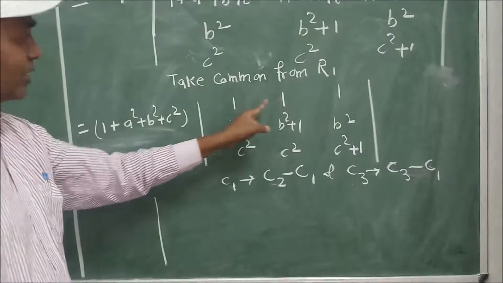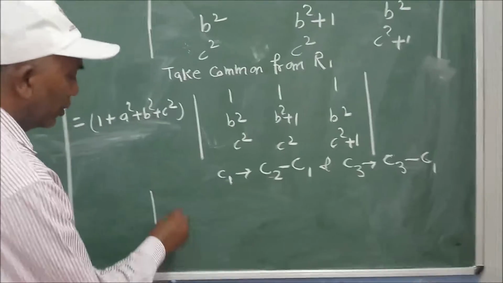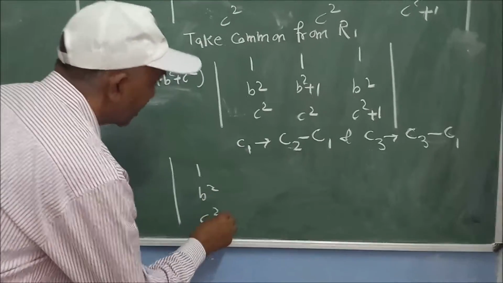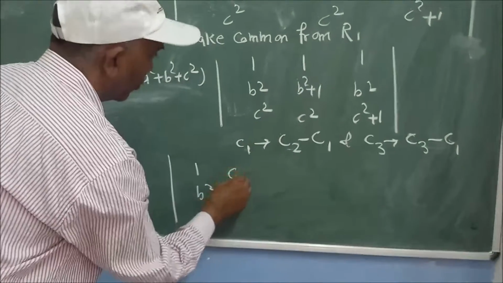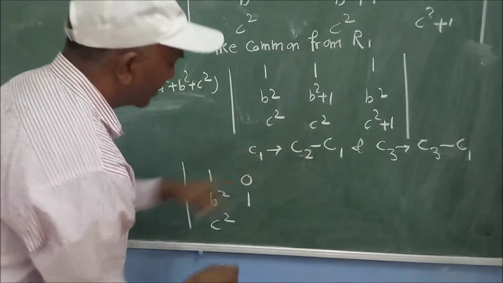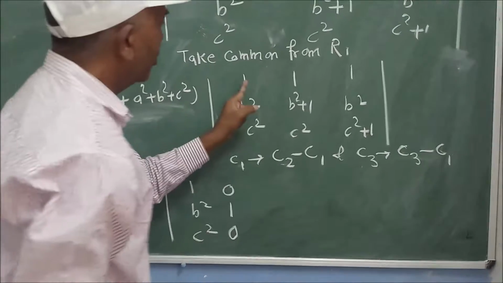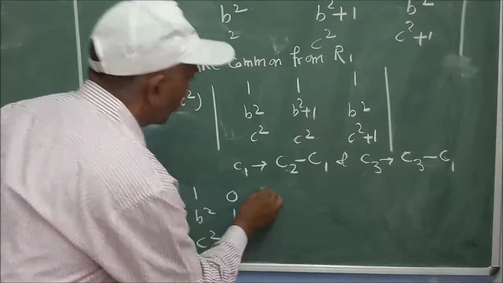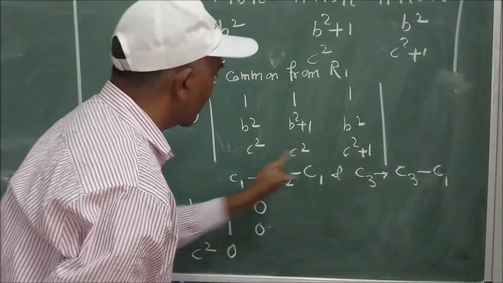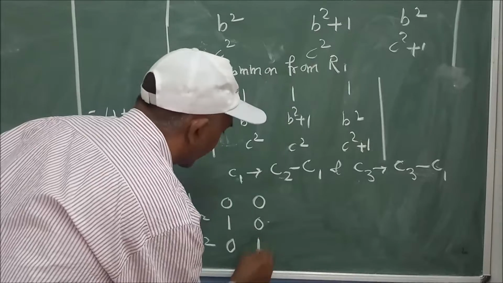That means you will subtract 1 minus 1, you will get 0. So first write your C1: 1, b square, c square. And here will be 1 minus 1, 0; b square plus 1 minus b square, you will get 1; c square minus c square, you will get 0; and 1 minus 1, you will get 0; b square minus b square, you will get again 0; and c square plus 1 minus c square, you will get 1.